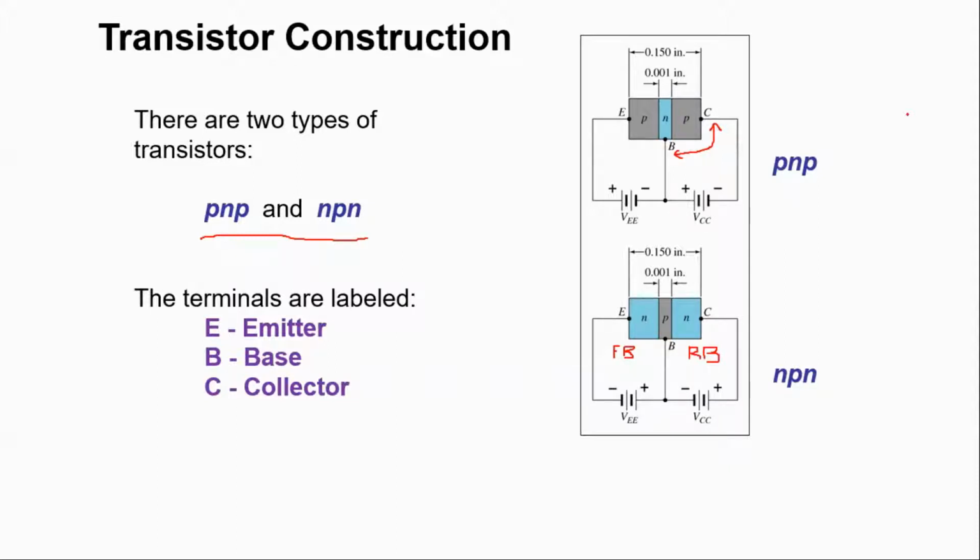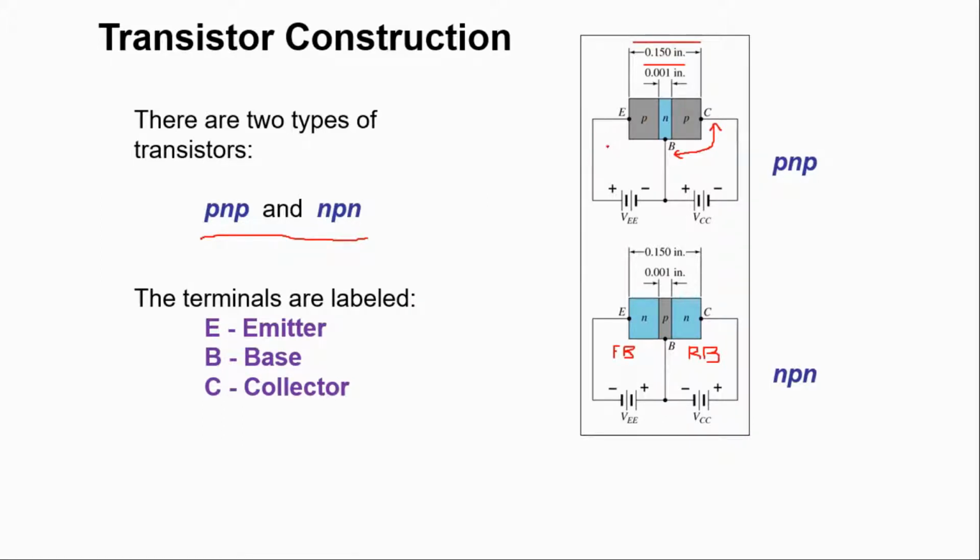Some of you might be asking, what is this? It is 0.150 inches. That's the width of the BJT, and your base has a very small dimension, that is 0.001 inch. So what is the difference between this particular transistor and the vacuum tubes?